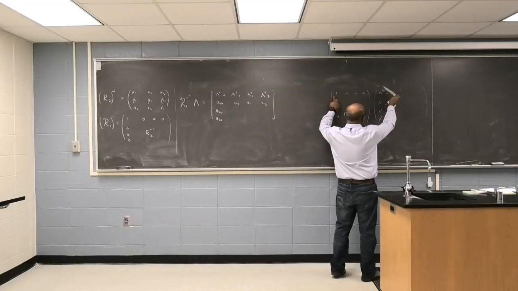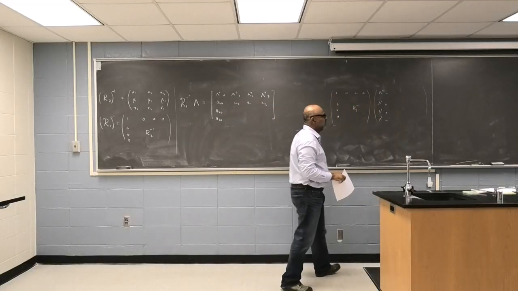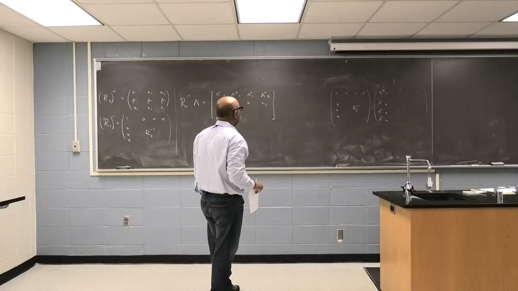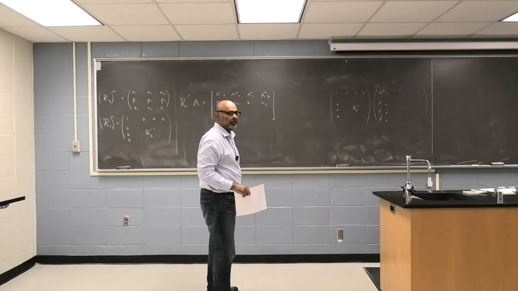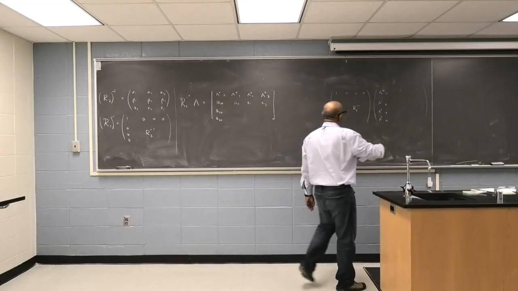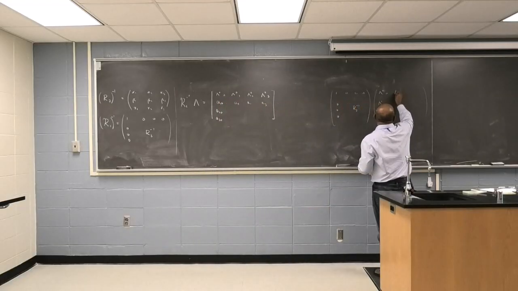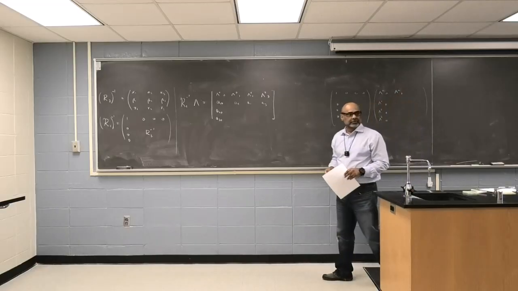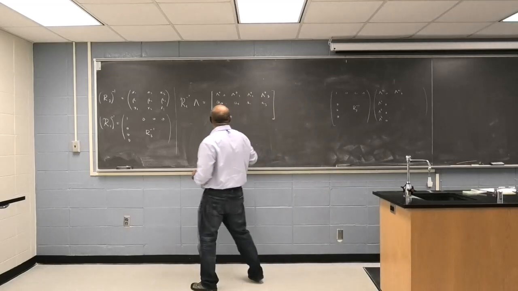It's 0 times this guy. It'll just give you the first term. And then, what about the second one? Also, all zeros except for the first entry. Is that true? Yeah, because I would have lambda 0, 1, and we don't care about the rest of it. So this row is preserved.